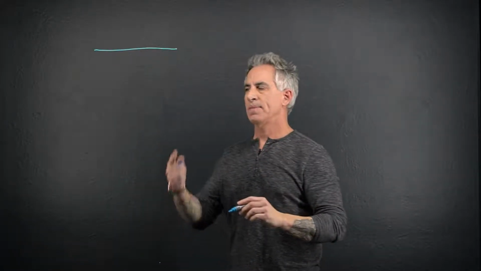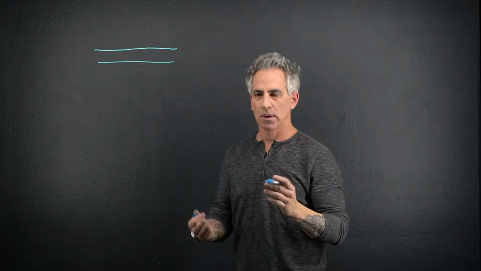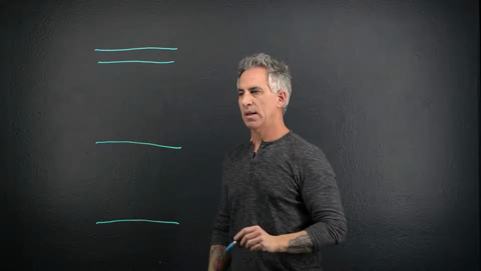What I want to show you is when I educate, I tend to draw these lines a lot. I'll draw one, and then I'll draw another, and then another, and then another.